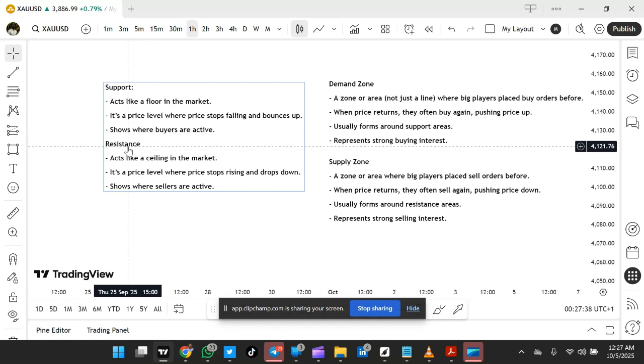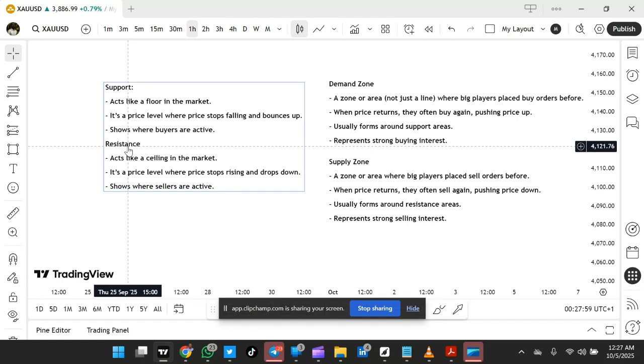Then we'll talk about resistance. Resistance is like a ceiling, like a normal ceiling. When you throw a ball up, what happens? It gets resisted by the ceiling, right? It bounces up, bounces down, bounces up, bounces down. It will never go above the ceiling level.